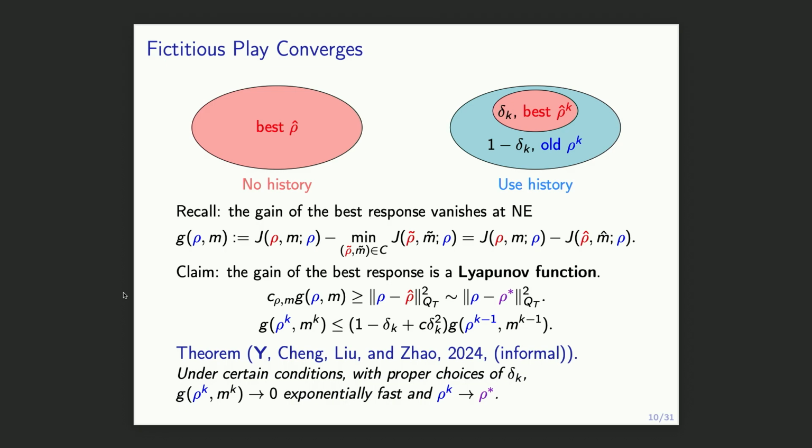Another thing we show is that along the fictitious play, this gain of the best response actually shrinks if you choose delta k wisely. So we can show that under certain conditions and with proper choices of delta k, our gain of the best response converges to 0 exponentially fast, and our rho k converges to the Nash equilibrium.